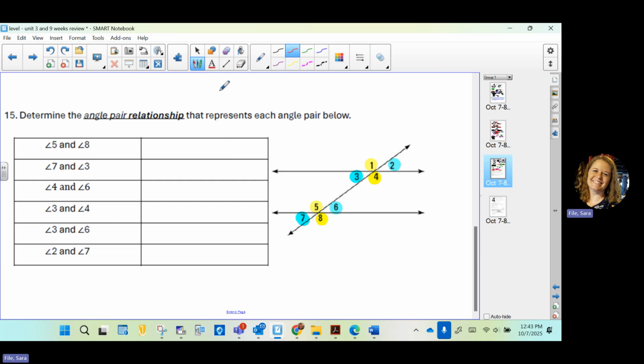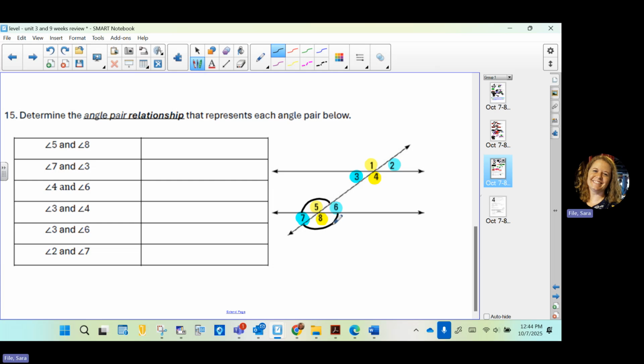So here, 5 and 8. Those are both yellow, right? I know they're going to be congruent, but that's not the name of the relationship. The name, when you are at the same intersection, we don't even need this other intersection, but for 5 and 8 to be across an intersection from each other, who remembers what that's called?